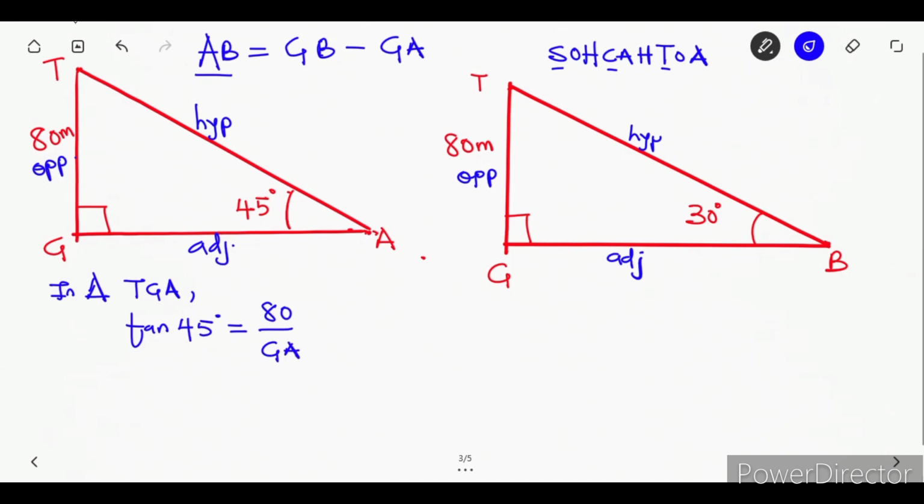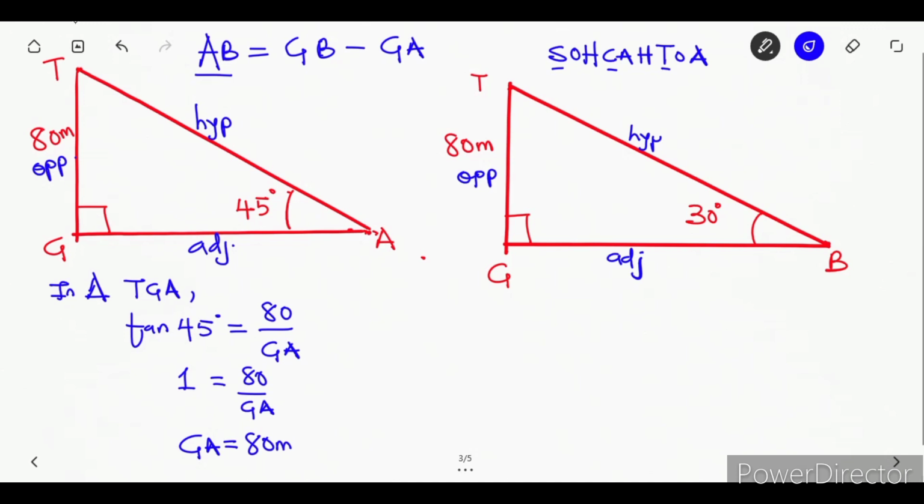Now when I use my calculator, tan 45 will give me 1, and I will have 1 equals 80 over GA. When I multiply this by this, I will have my GA to be 80 meters. So that is for GA.